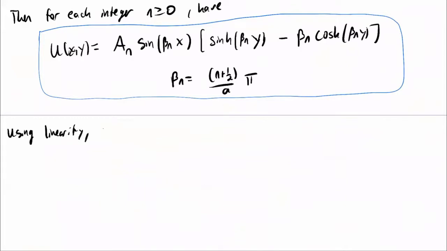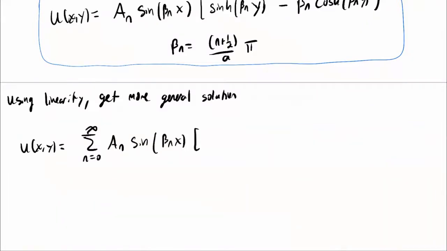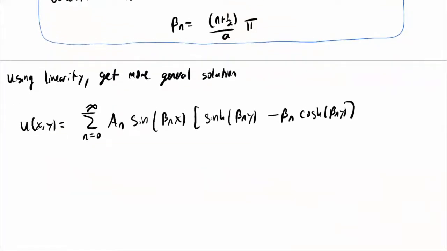We arrive at a more general solution, which is given by u of x, y is the sum from n equals 0 to infinity of a_n, I have sine beta_n x, and then times all my hyperbolic trig functions, where beta_n is defined as above.